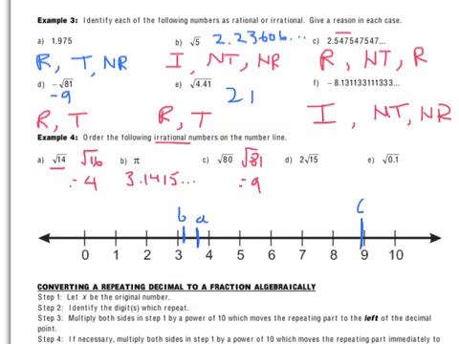Okay. D, we have 2 times the square root of 15. Well, the square root of 15, I'm not sure what it is without a calculator, but I know that the square root of 16 is equal to 4. So I'm just going to estimate here.